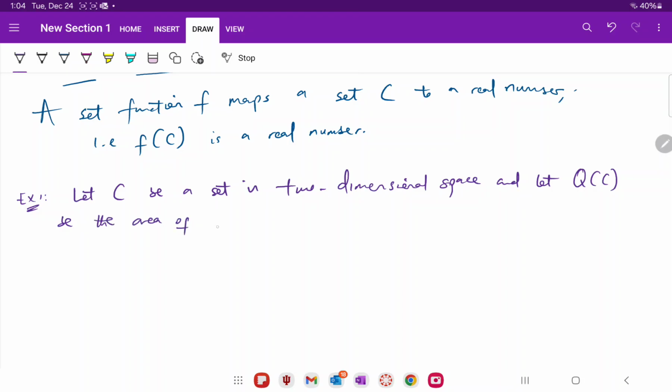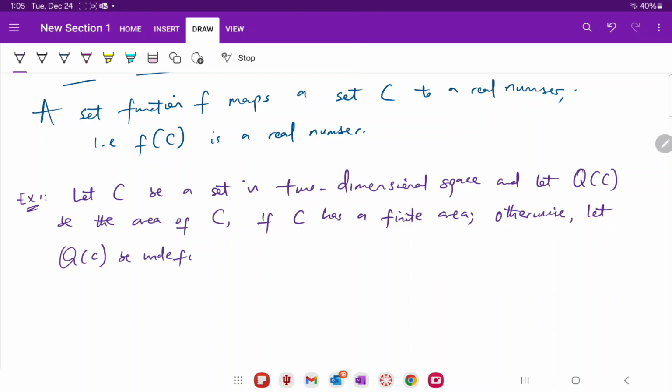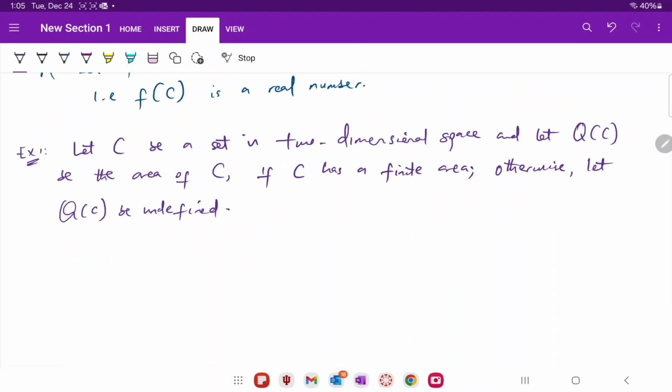We define it to be the area of C, if C has a finite area. Otherwise, if there's no finite area, we say let Q of C be undefined. So then we have our Q, and Q is a set function.